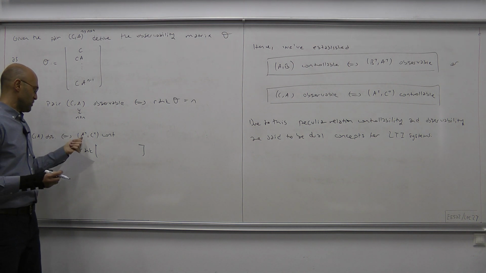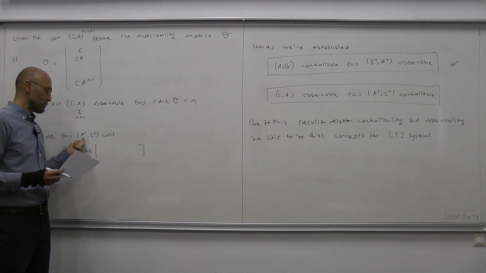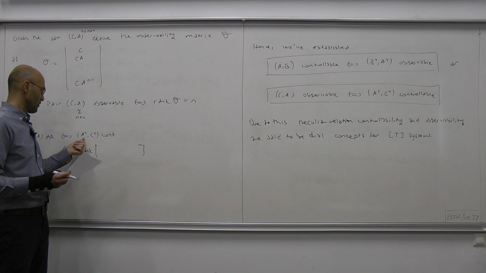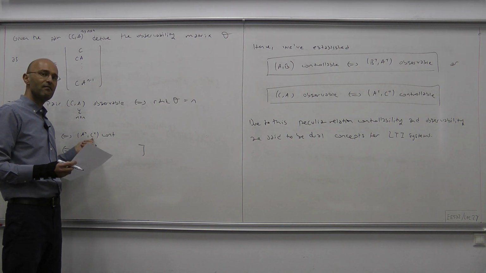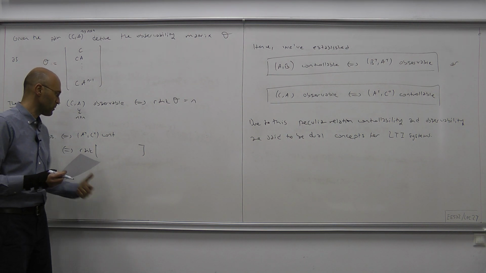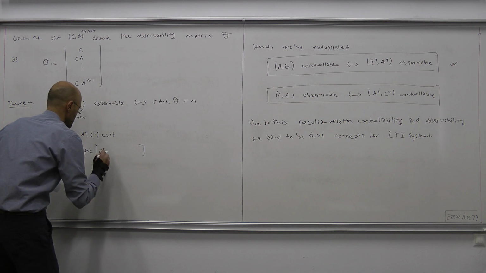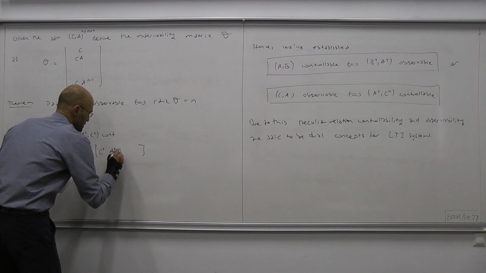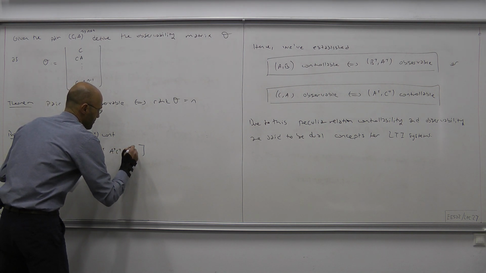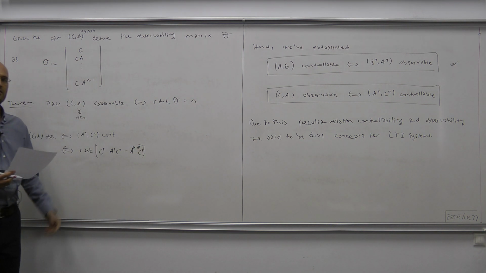But now, instead of A, we have A transpose, and instead of B, we have C transpose. Therefore, the controllability matrix is C transpose, A transpose C transpose, and so on up to (A transpose) to the n minus 1 times C transpose.